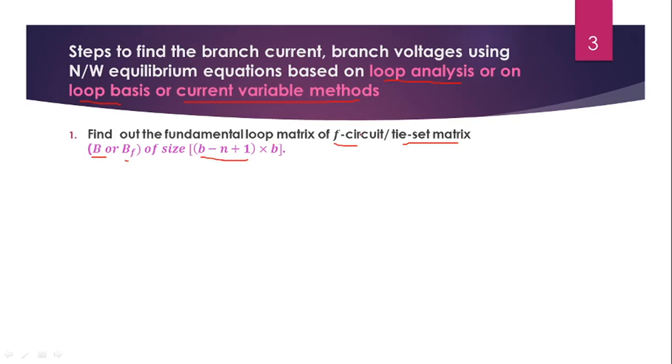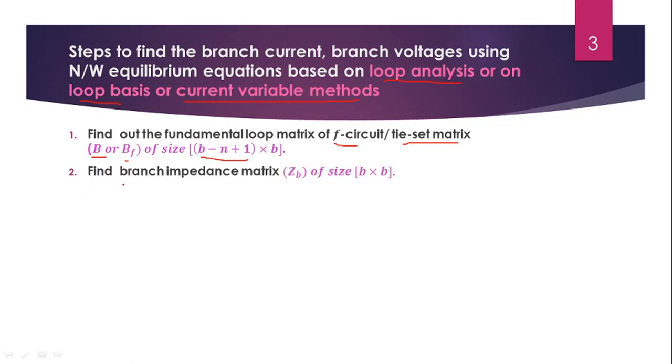As we have seen how to find the tie set matrix and F circuit matrix, for that we need the graph of the network, and from the graph of the network, after selecting the tree, we can go with that tie set matrix. So for loop analysis, or loop basis numerical, we have to use the tie set matrix, that is the loop basis.